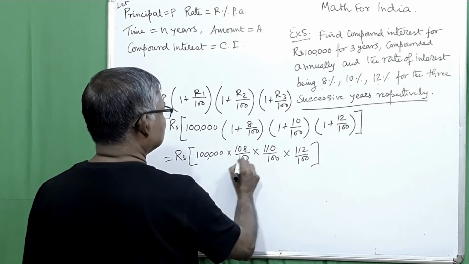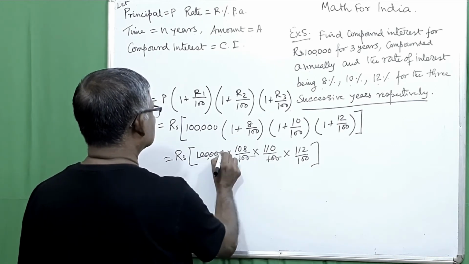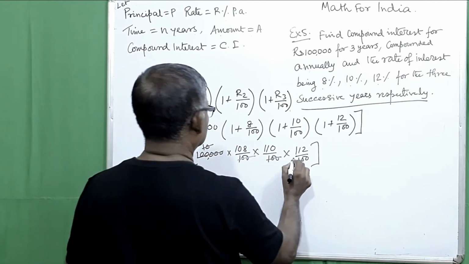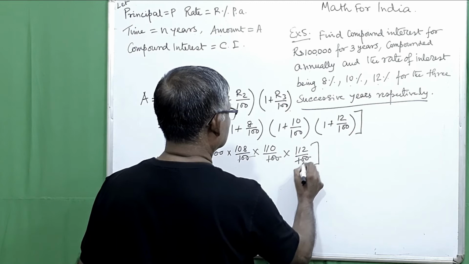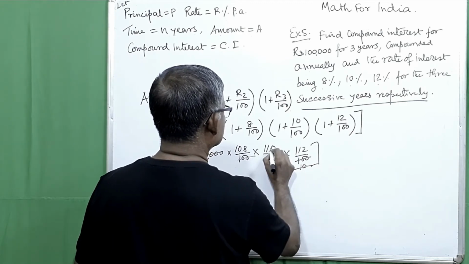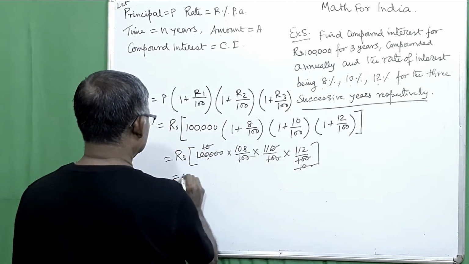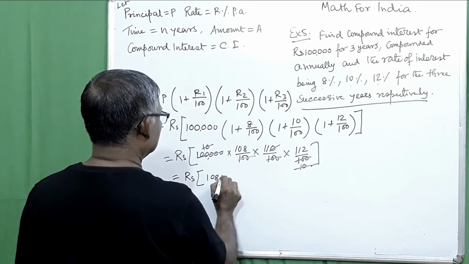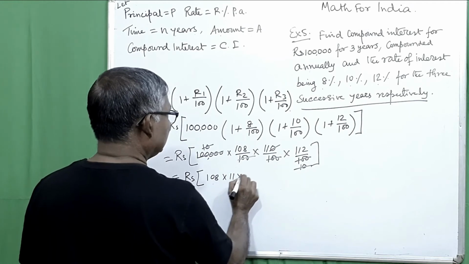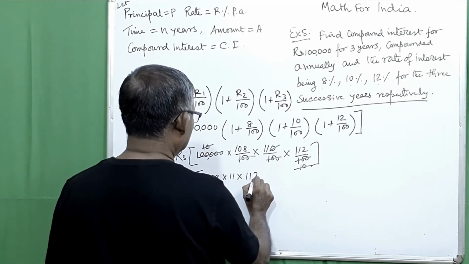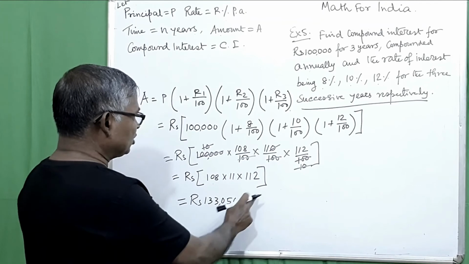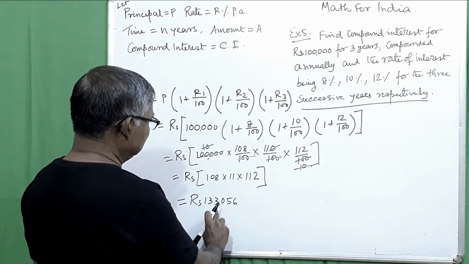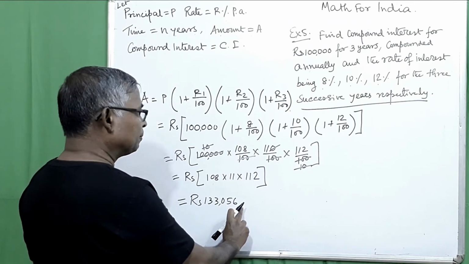So it is rupees 108 into 11 into 112. After calculation, we will get rupees 1,33,056 only.